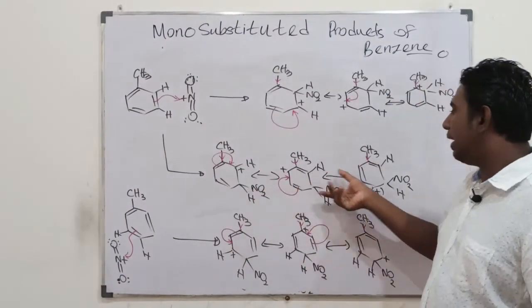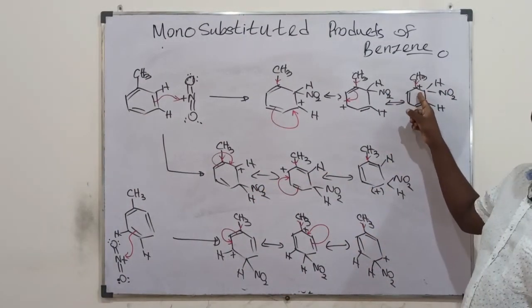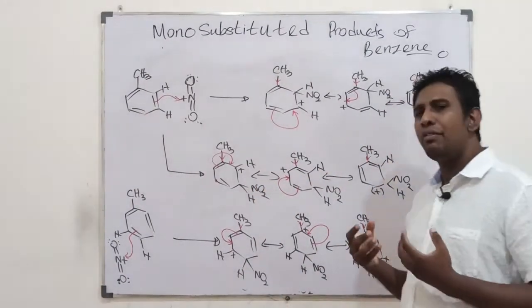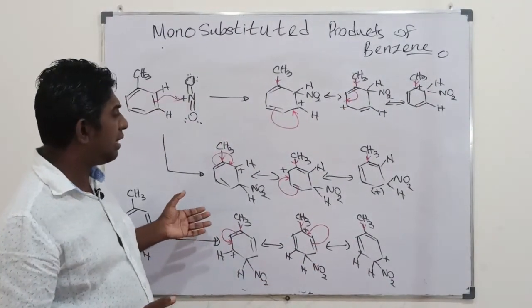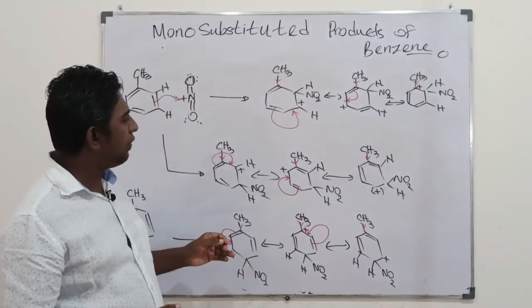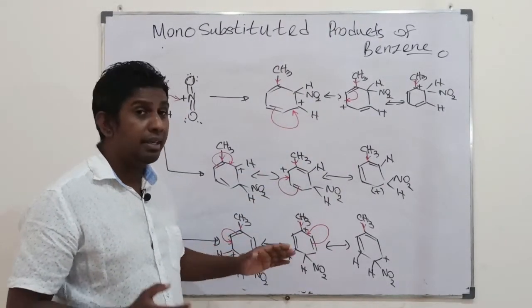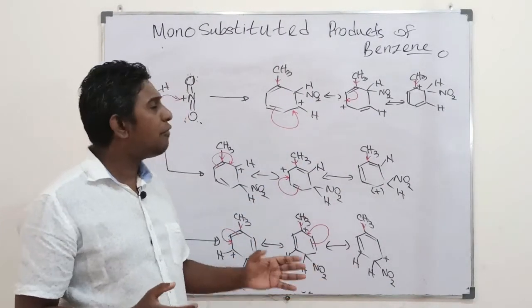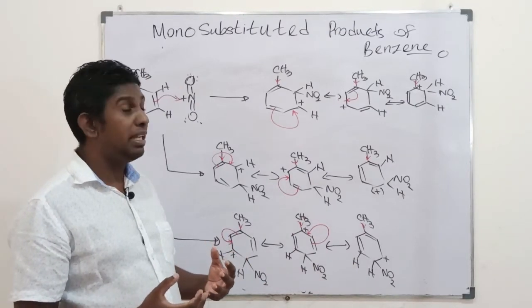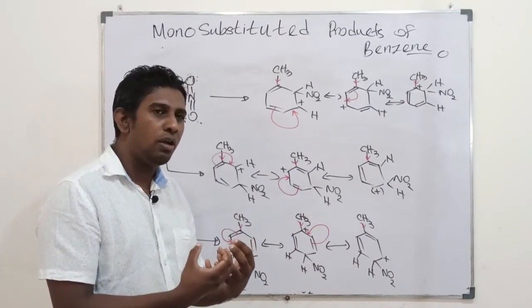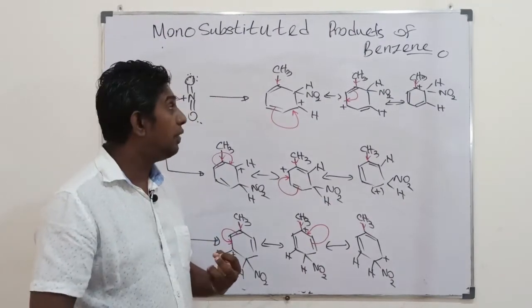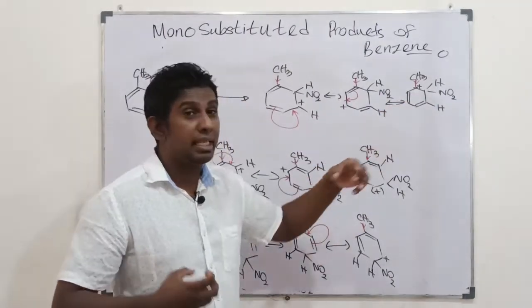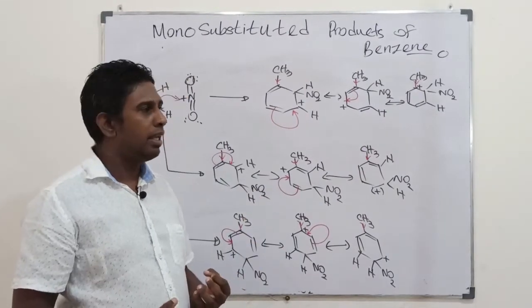Considering these three resonance structures, this and this are favored more, meaning stabilized more by the alkyl group giving electrons directly towards the positively charged carbon.